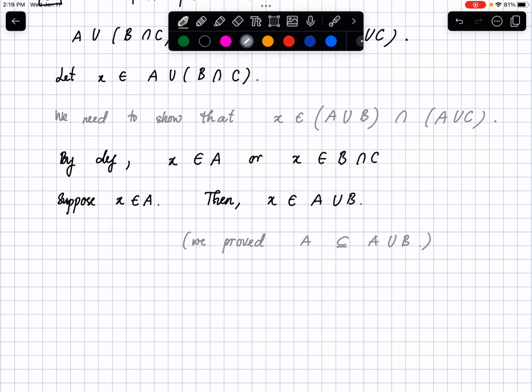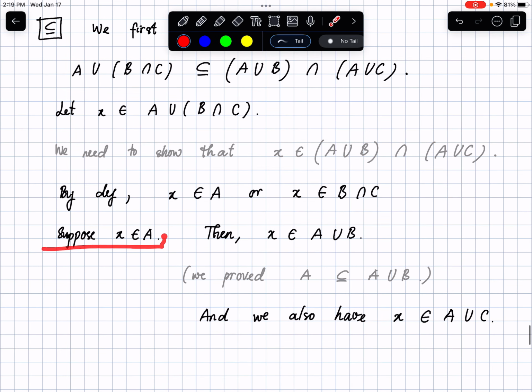And similarly, we also have x is an element of A union C. Right. So this is the first case.